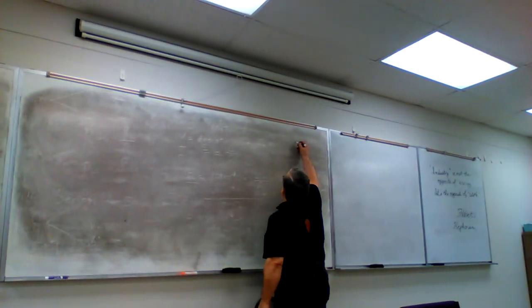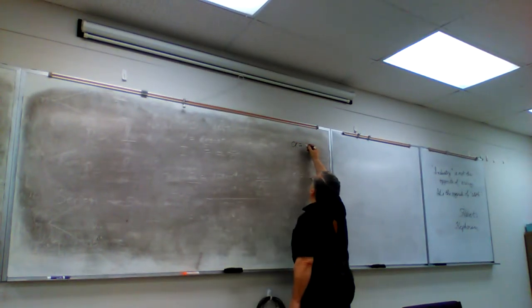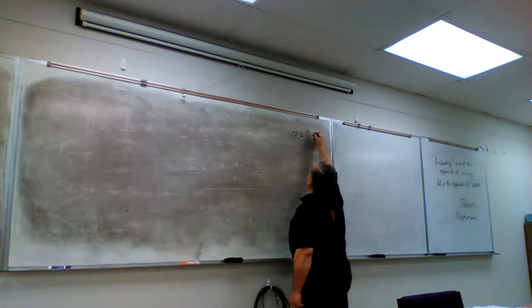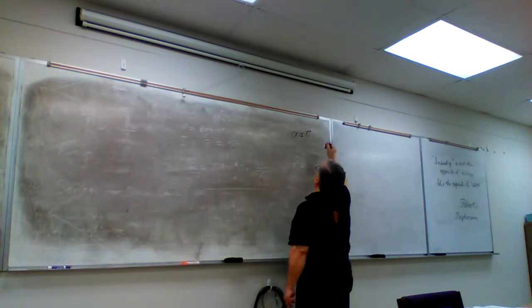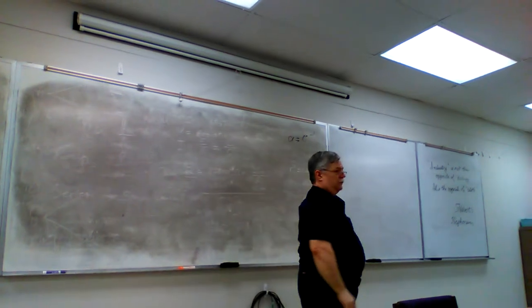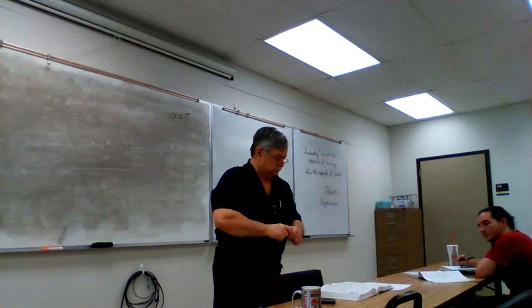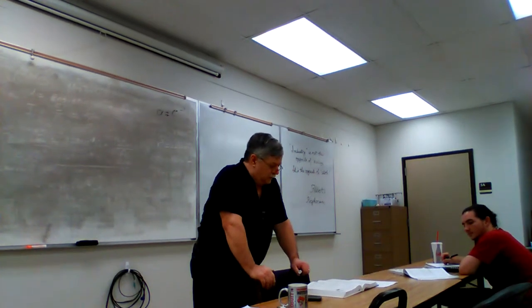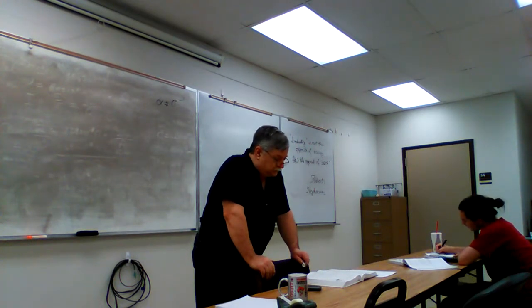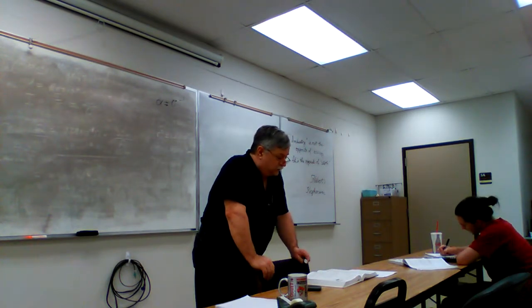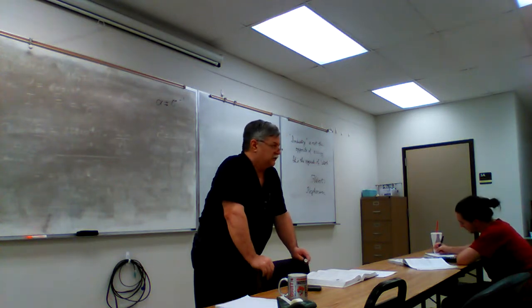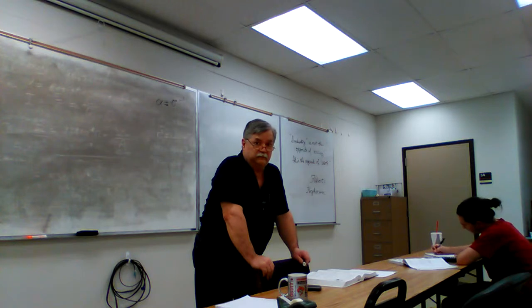And alpha has units of 1 over degrees C. You will also notice in the very top line of the table that it specifies that these resistivity and temperature coefficients are specified at 20 degrees C, which is basically room temperature. Okay?